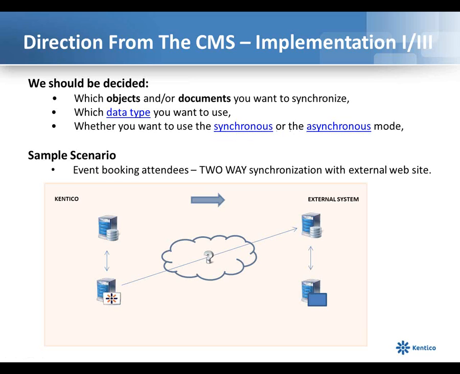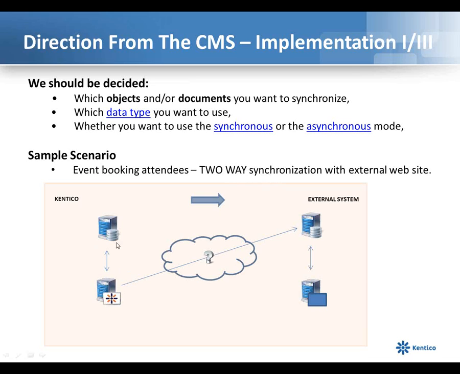So, real implementation here. Let's imagine that I have two systems, so Kentico on the left-hand side and the external system on the right-hand side, which is represented again by some very simple ASP.NET website. And what I want to do is that I want to actually make sure that event booking attendees of the booking event module in Kentico are synchronized in a two-way synchronization.